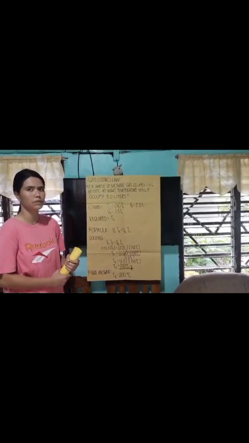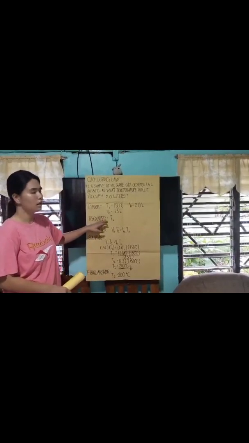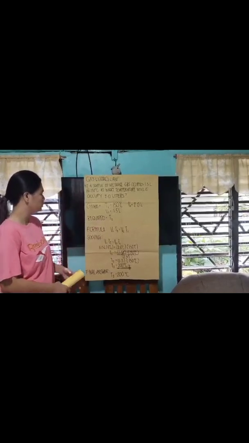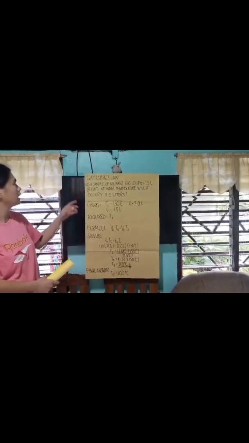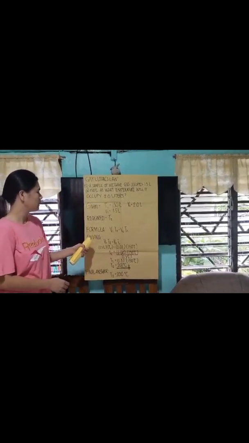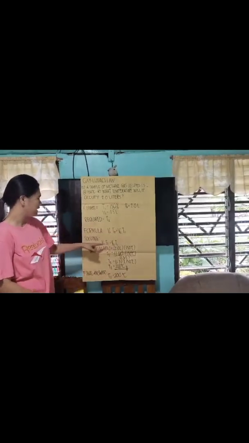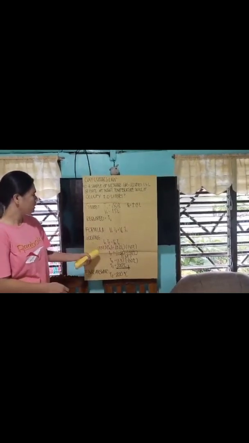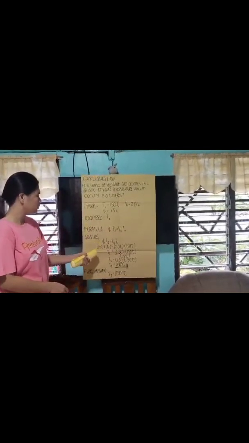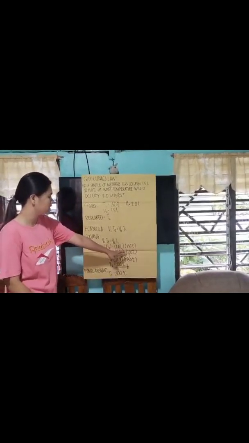equal to 2.0 liters. So, the required one to find is T2 or temperature 2. The formula that I will use is Gay-Lussac's law, which is V1 multiplied by T2 is equal to V2 multiplied by T1. Solving: 1.5 liters multiplied by T2 equals 2.0 liters multiplied by 150 degrees Celsius.